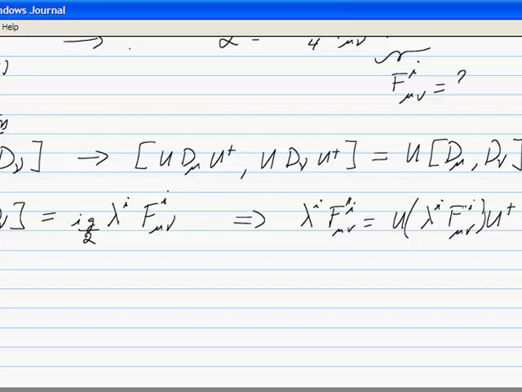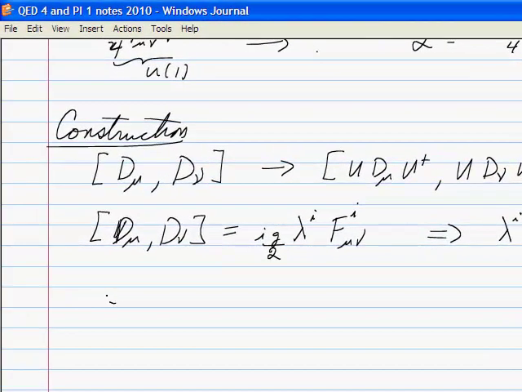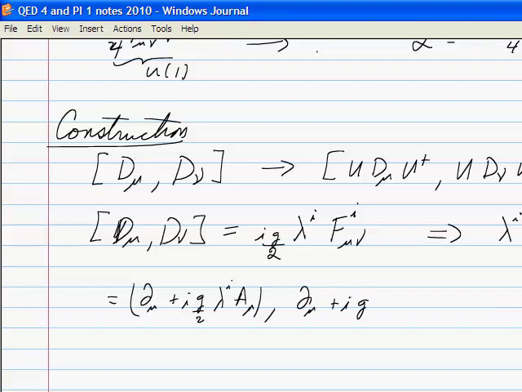Okay, so to calculate it is pretty easy too. This is d mu plus i g over 2 lambda i A mu, commuted with d nu plus i g over 2 lambda j A nu.